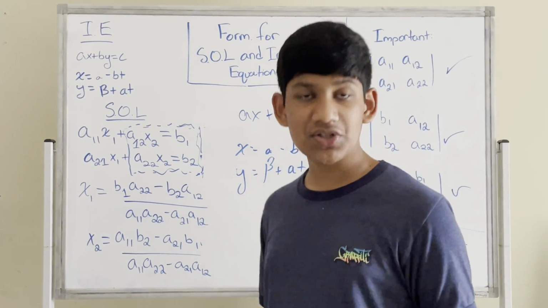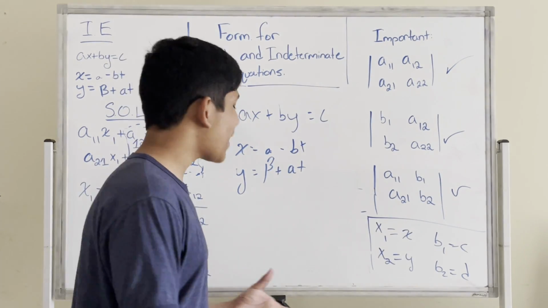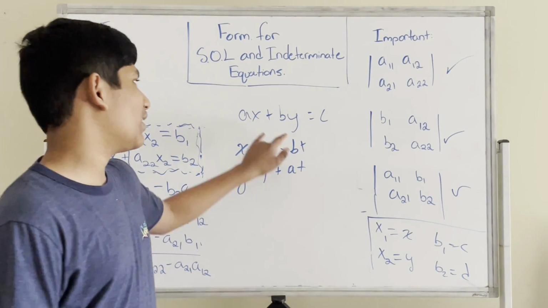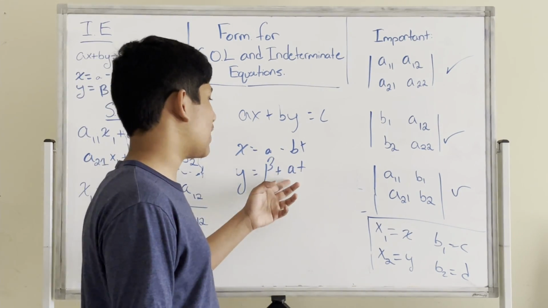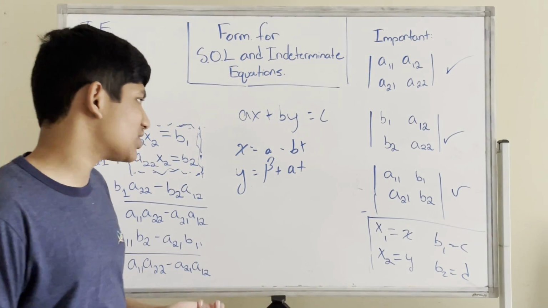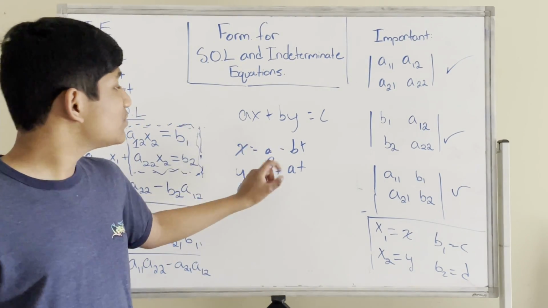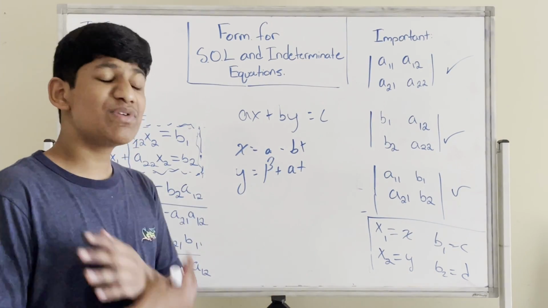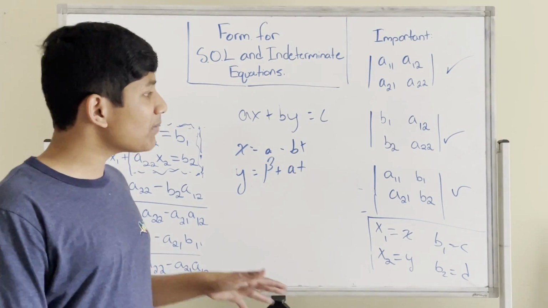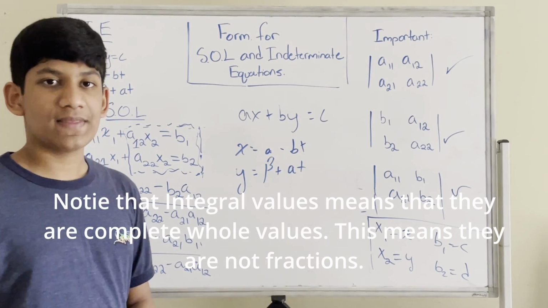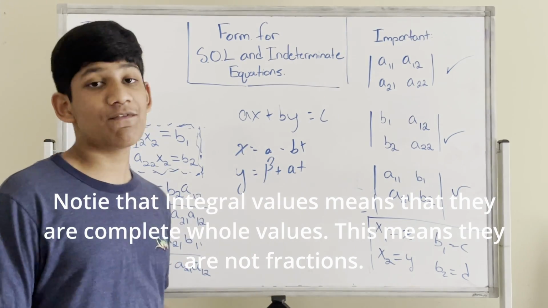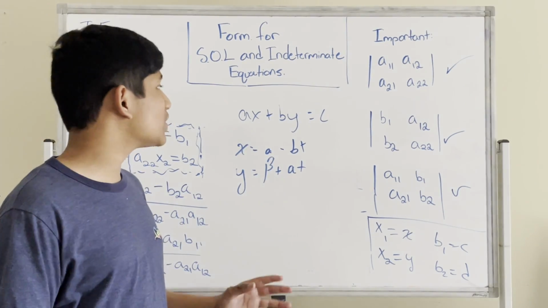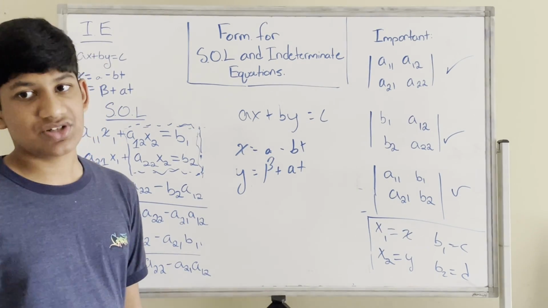They have to be integral values, but it's something that we automatically know satisfies the equation. Then b, we already know, is given to us in the equation, and a is already given to us in the equation. Now, if we just find these formulas, we can talk about infinitely many values for this equation. So that's actually very powerful. Just using two simple formulas, we can find all the solutions to this indeterminate equation.